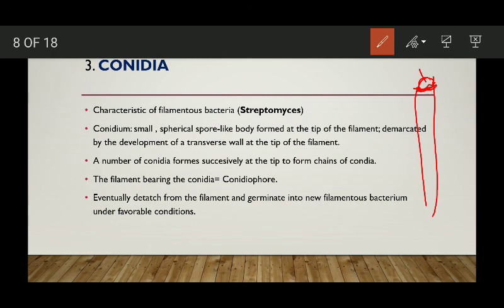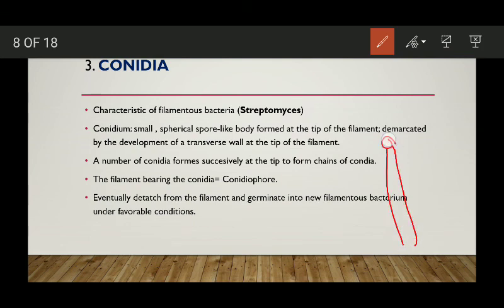In some cases, not only a single conidium but a chain of conidia are formed successively. The filament which bears these conidia in chains is known as the conidiophore.